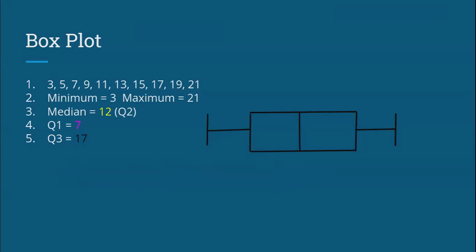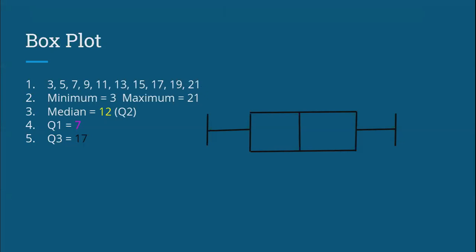And then in steps 2 through 5, you will find the 5 numbers that will be included in your box plot. So you identify the minimum value, you identify the maximum value. That's 2 of the 5. Then you find the median of the data set.